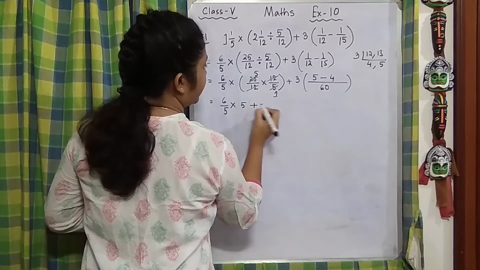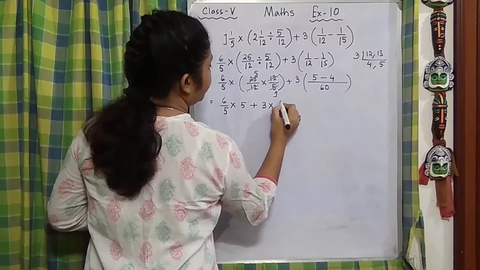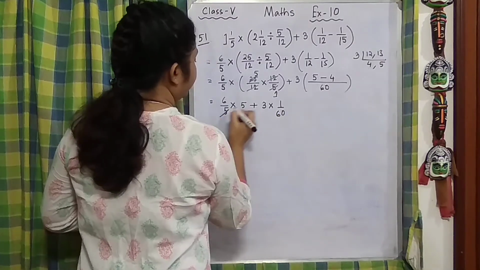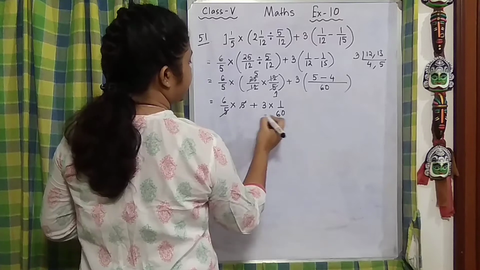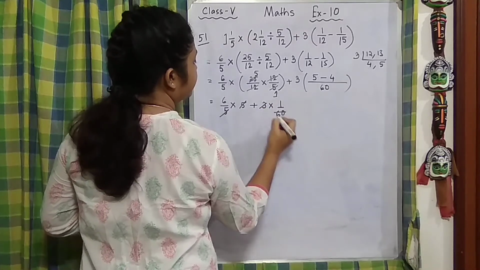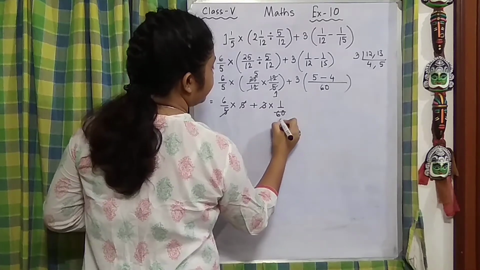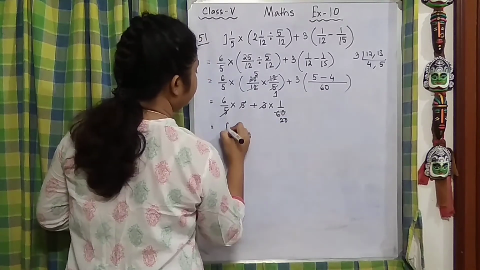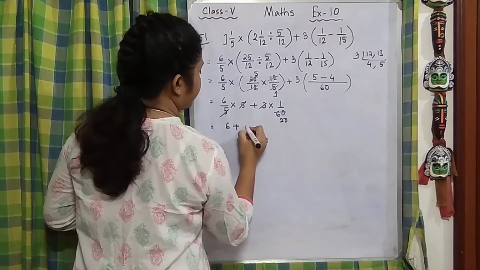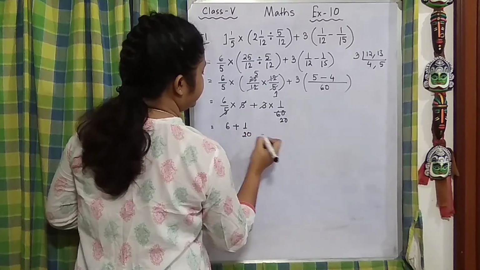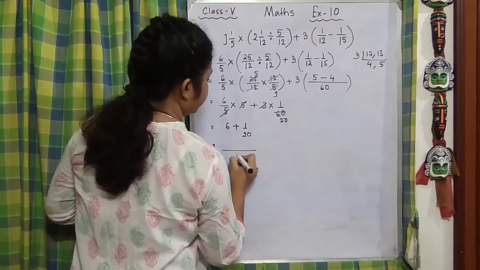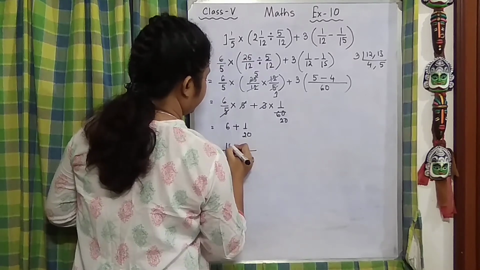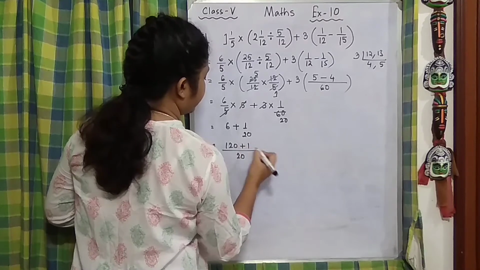5 plus 3 into 1 by 60. Now we are going to do it once again. 5 is cancelled out with 5 and here 60 got cancelled out by 3, giving a number of 20. 6 plus 1 by 20. So here take the LCM and what are we going to find out? 120 plus 1.